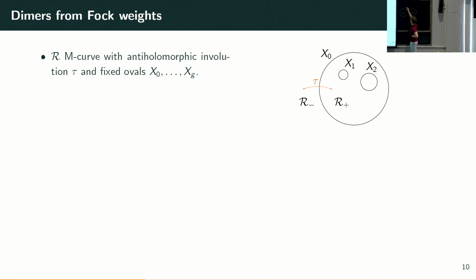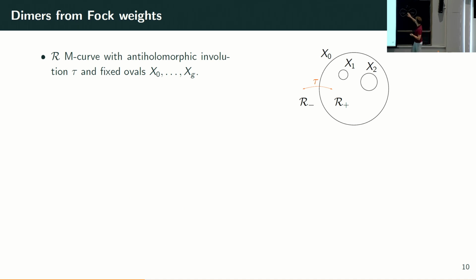For example, I could have an anti-holomorphic involution that flips it from left to right. This involution has fixed points that are right here. These are the only fixed points of that involution. So this pair would not be an M-curve, because an M-curve has an involution which fixes the maximal number of connected components. Here we only have one connected component, but it needs to be g plus 1.